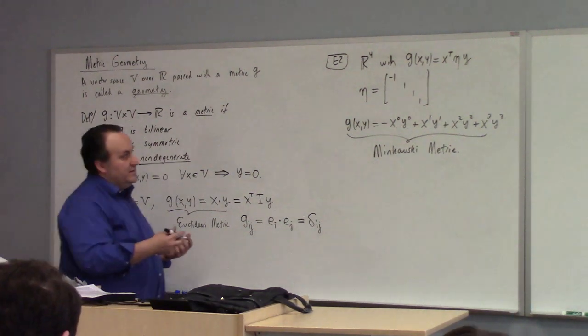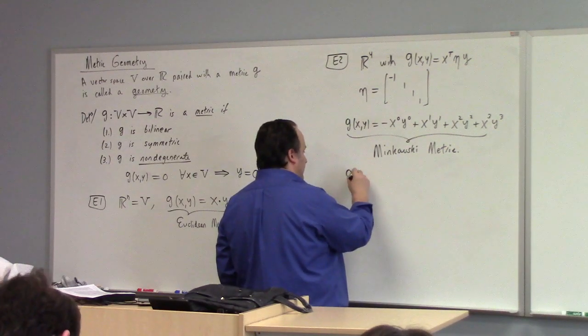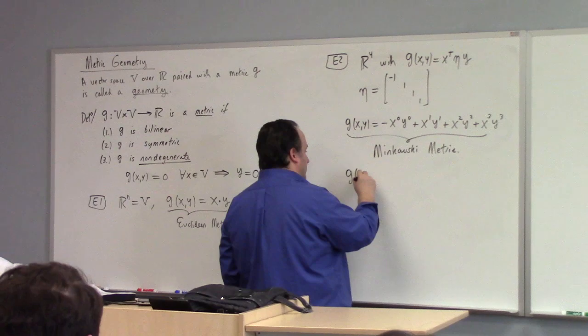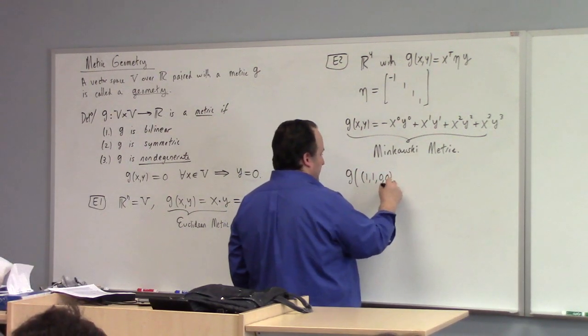Check this out, right? If I take g of the vector (1, 1, 0, 0) with itself, what happens?